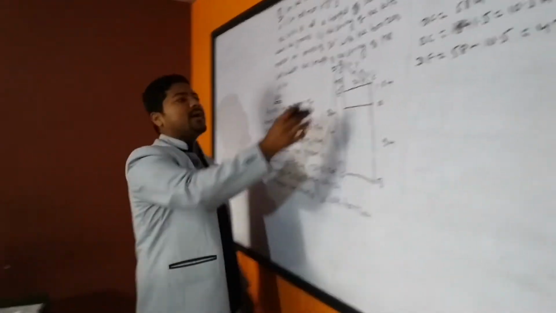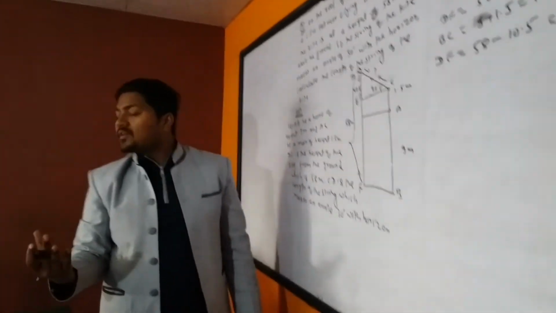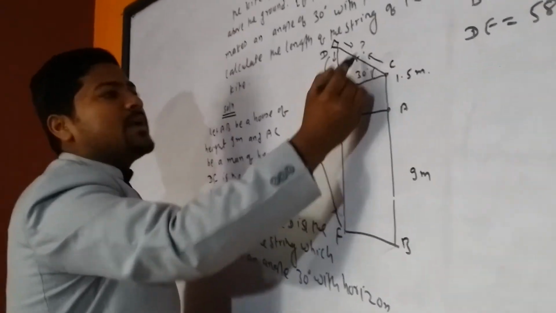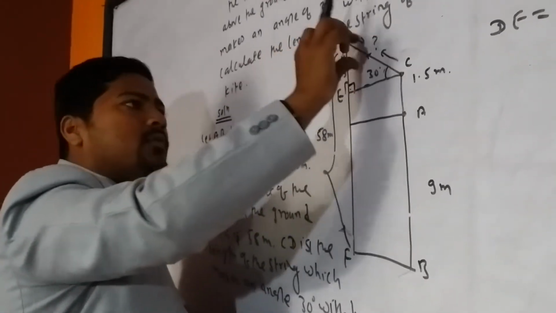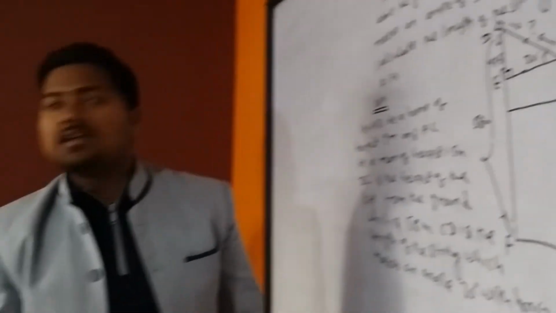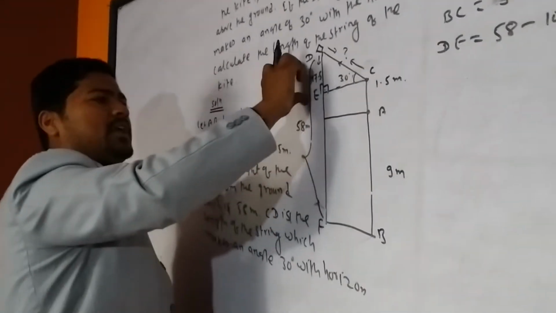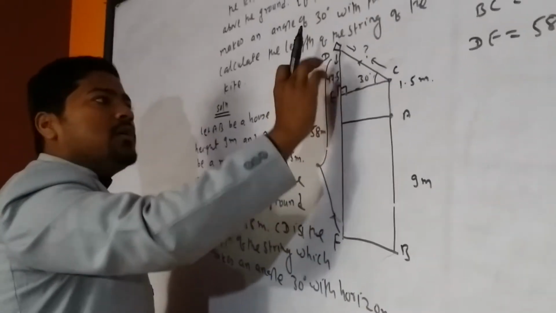So now we have to find the length of the string. This is the 90 degree, and this is the hypotenuse. Perpendicular and hypotenuse relation, we know the formula: sin theta, because P is given and we have to find the hypotenuse H. So P and H relation is sin theta.